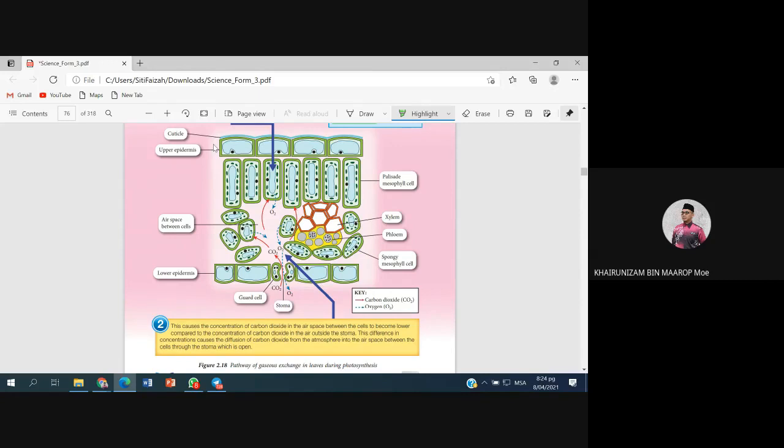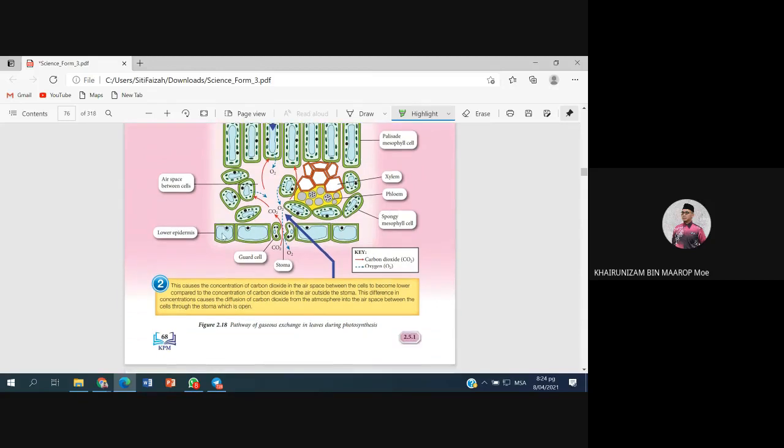Okay, dia melindungi daun daripada cahaya matahari, mendapat direct cahaya matahari. Dia seperti cuticle ini seperti lapisan lilin, right?